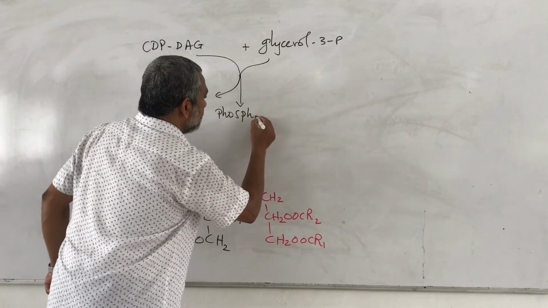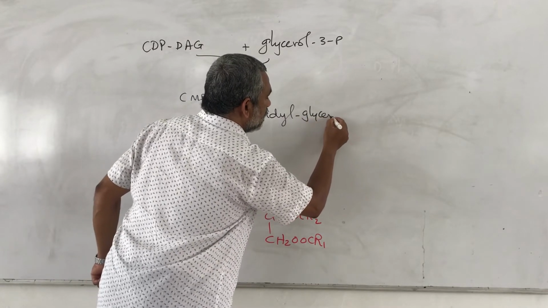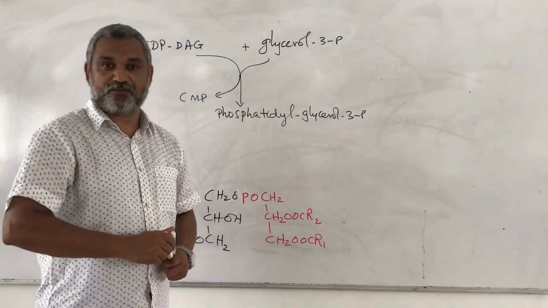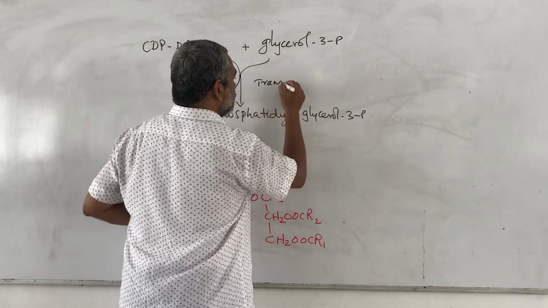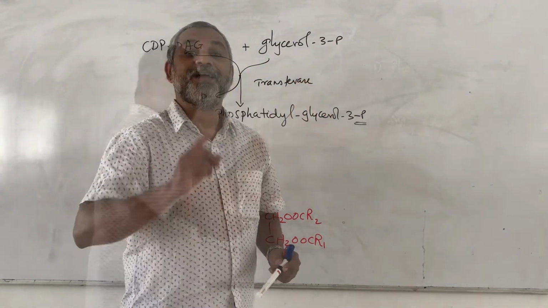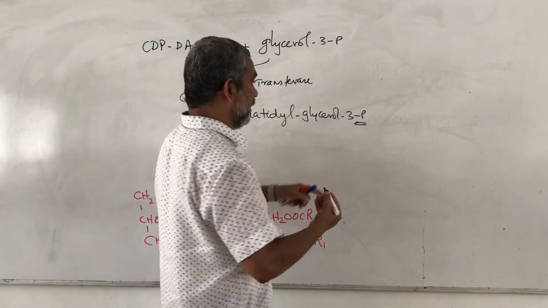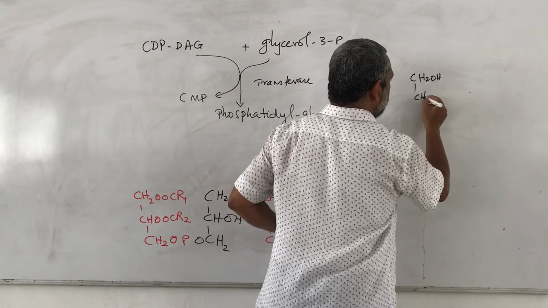You will get phosphatidyl glycerol 3-phosphate. The enzyme is a transferase enzyme. Let us write the structure of phosphatidyl glycerol 3-phosphate. So therefore, glycerol 3-phosphate is this.